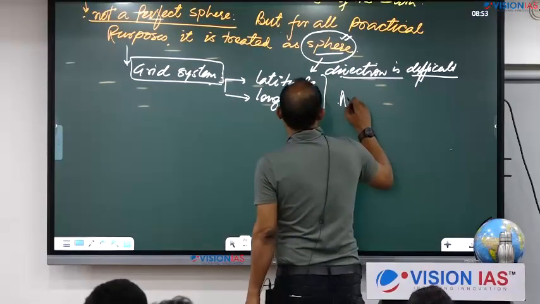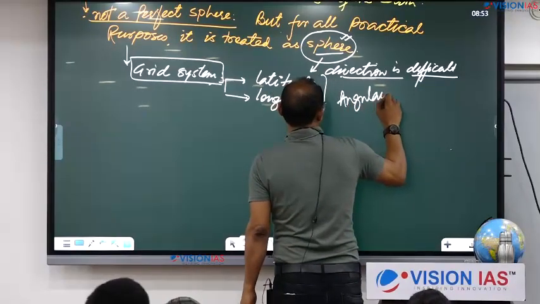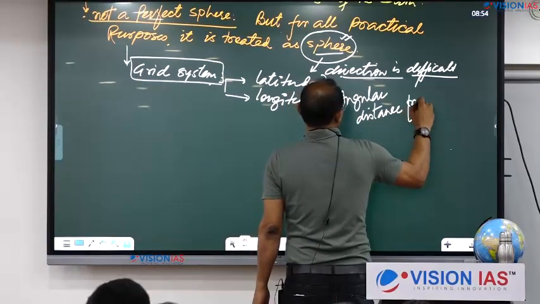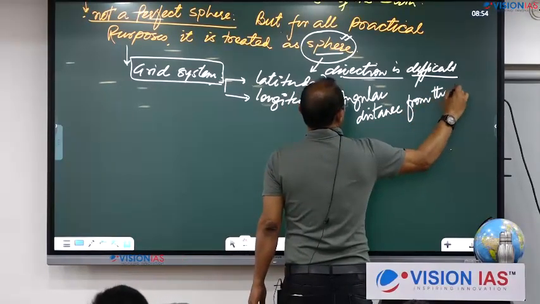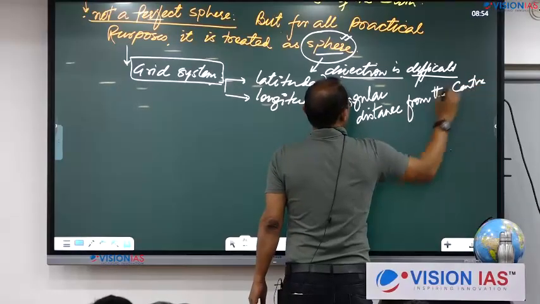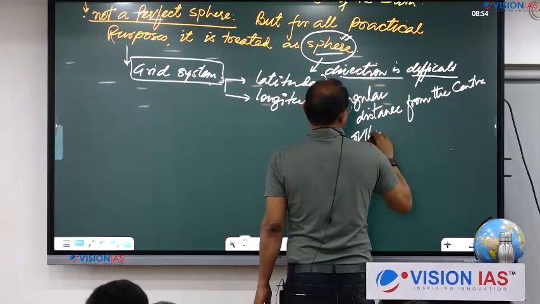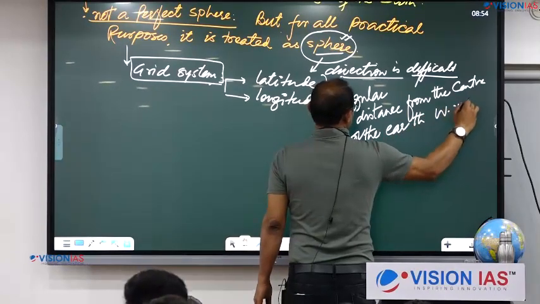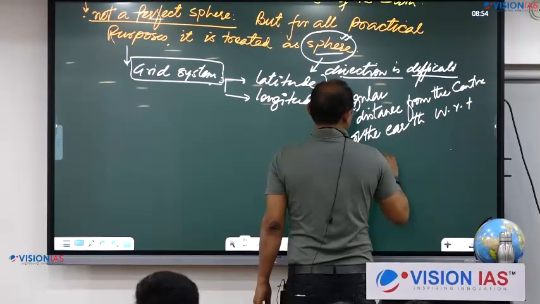Technical definition: both of them are angular distances, angular distance from the center of the Earth, with respect to each other.